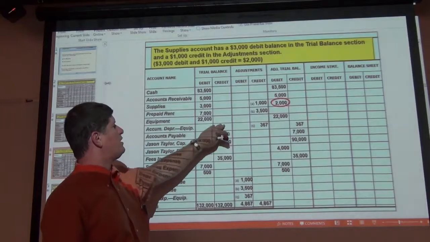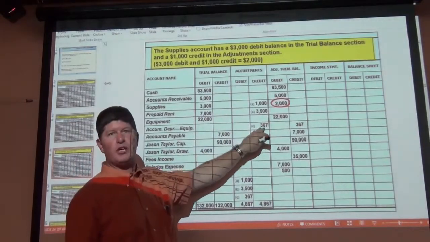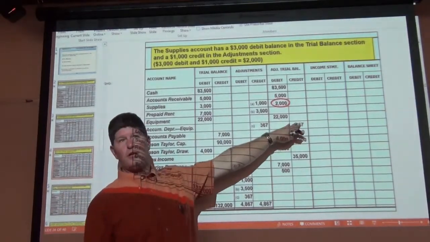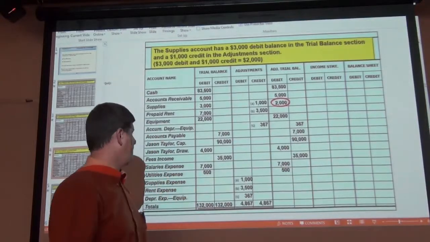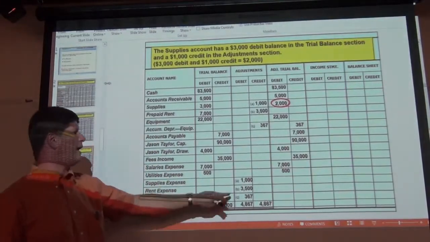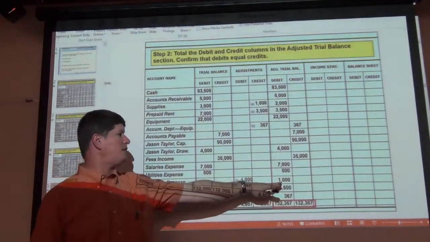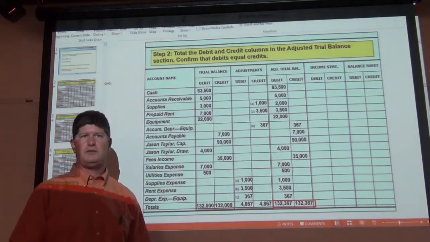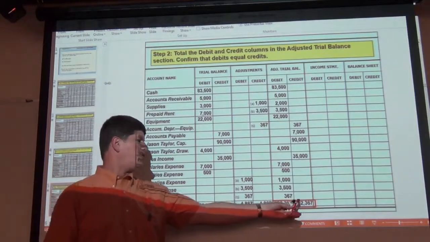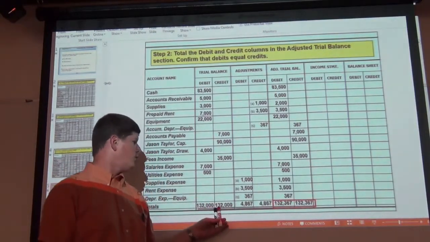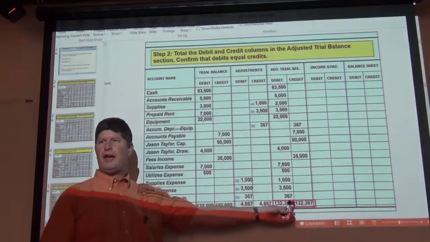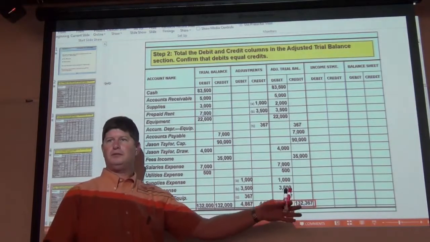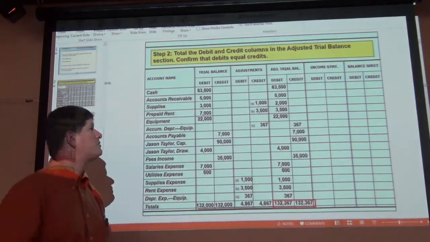Accumulated depreciation has no balance, and then a credit adjustment leaves you a credit balance. Supplies expense, no balance, debit adjustment leaves you a debit balance. Same thing with rent and depreciation expense. And you total those, prove you're in balance. Your totals have to add across, otherwise it won't work. Okay? Just like you asked.